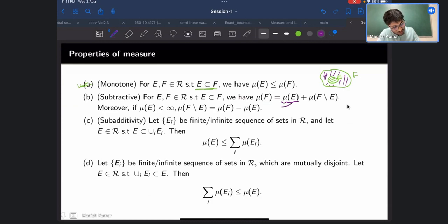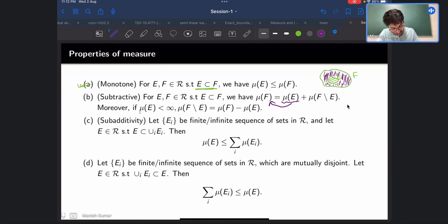In that case we can take this to the left hand side, and so the measure of F minus E, which is this violet region, should be the measure of whole F minus the measure of E. This is what it means.